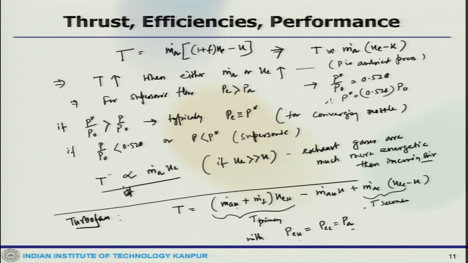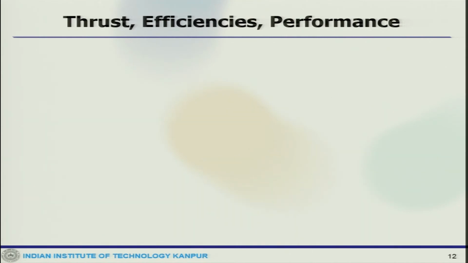From the turbofan engine one can always get back to the turbojet engine: if you do not have this bypass and remove it, then essentially it comes down to the same turbojet engine. But since there is a fan, there are two different components of thrust.